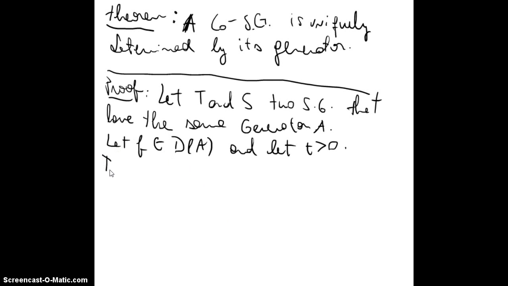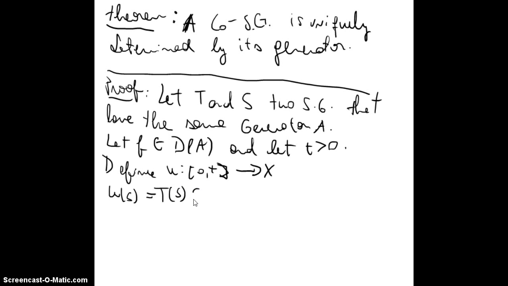And recall how we did in the scalar case. We define, let's call it U, going from [0,t] to X. And we define it by U(s) equal to T(s) S(t minus s) f.